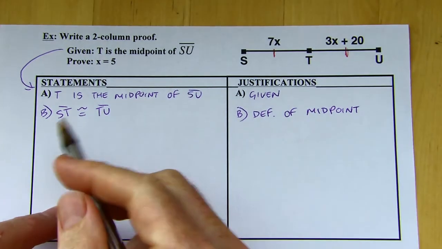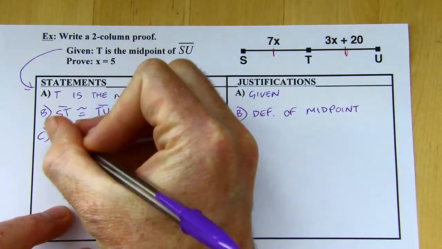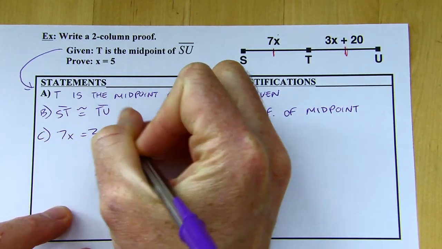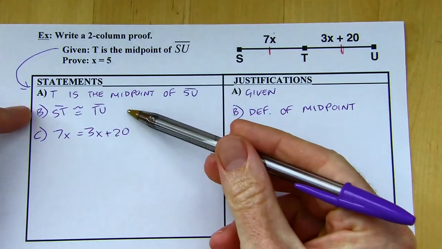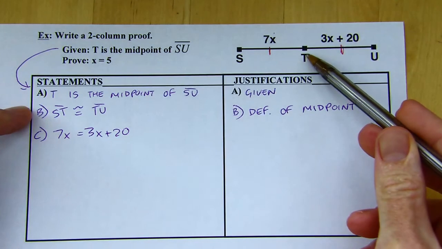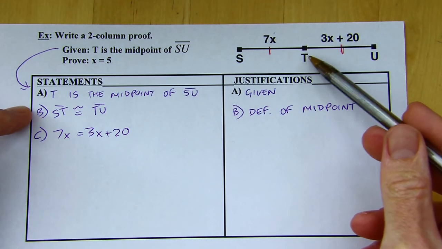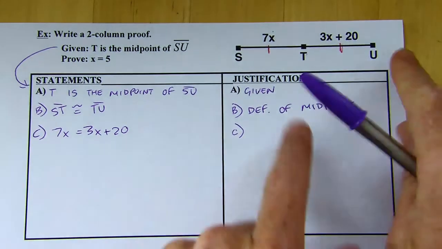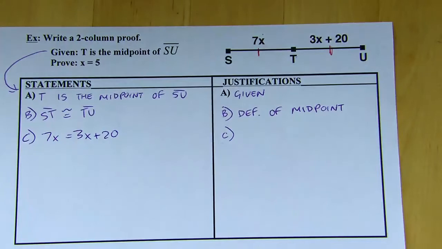Now what I can do with that, since those two segments are congruent, is say 7x then equals 3x plus 20. Honestly, if you just put this in step B, 7x equals 3x plus 20, and put that's by the definition of midpoint, I wouldn't be too upset about that. I'd be pretty happy with that, because you got the idea. It's just you didn't say the names of the segments first and then translate into the expressions.